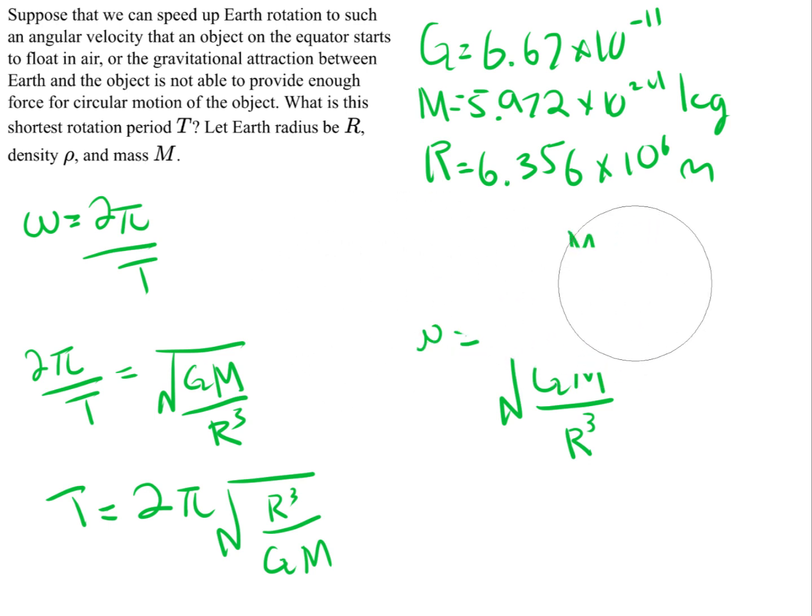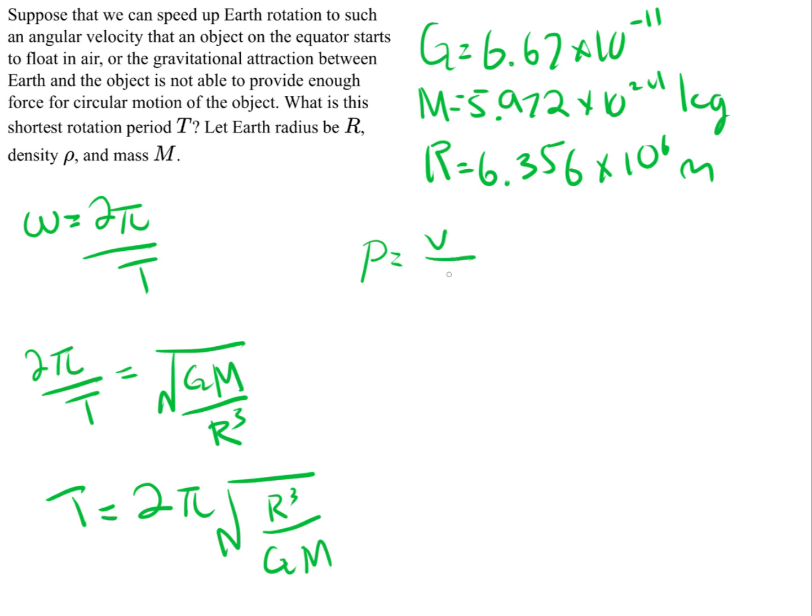And we can just use this equation. We don't even need the density. But if you want, the density is equal to the total mass of the Earth divided by the total volume, which, if we assume that the Earth is a sphere, is 4 over 3 pi r cubed.